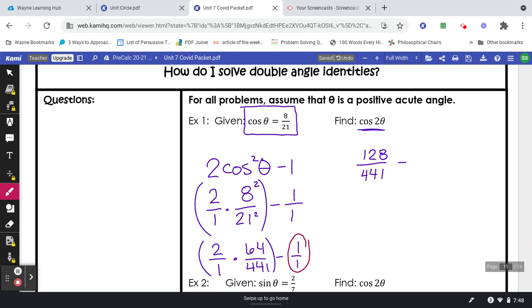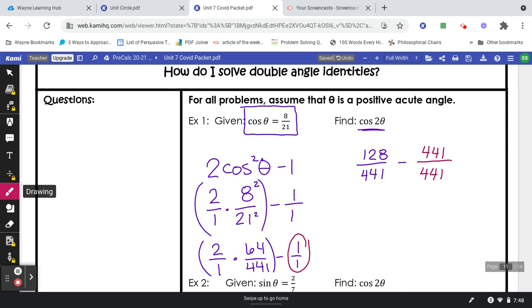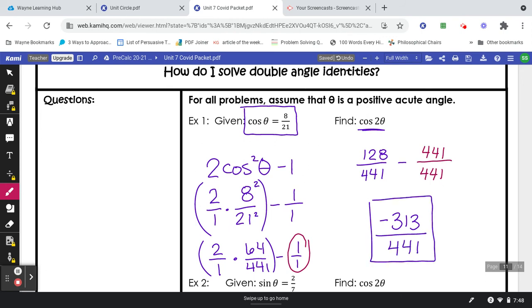So if my denominator is 441, I'm going to make that into 441 over 441. That's the nice thing about that being a 1 right there. It's pretty easy to get common denominators. Then we'll subtract. 128 minus 441 gets me negative 313, and I keep that common denominator. And there's my answer.